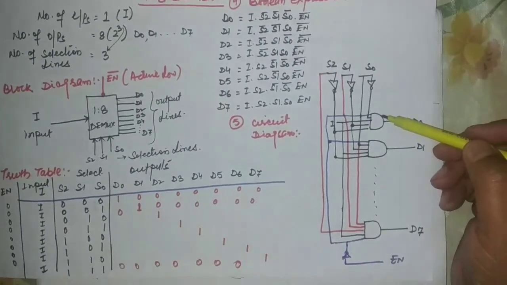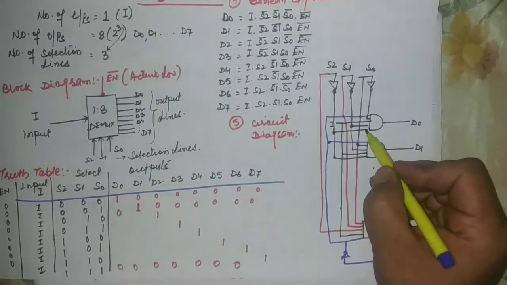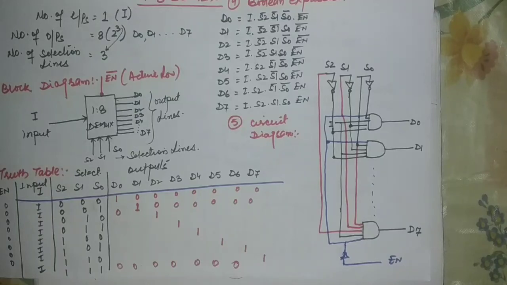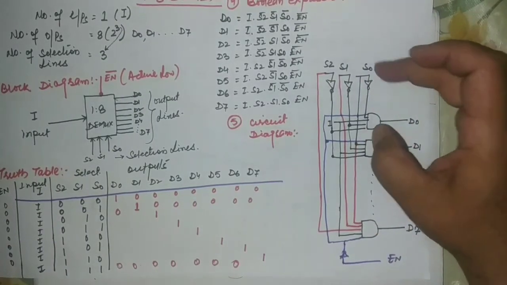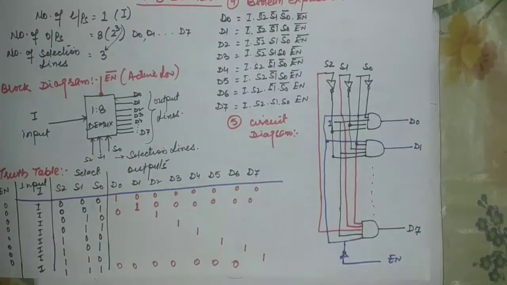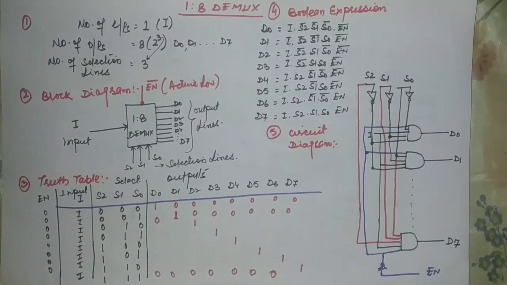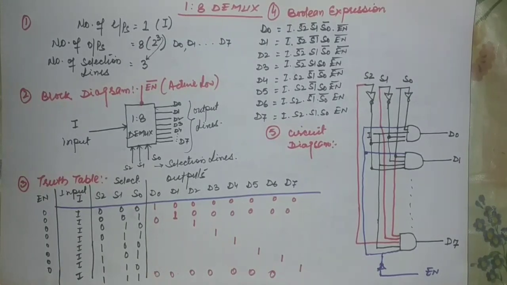You have to take these AND gates bigger, because you require 5 inputs, so that you can have a clear circuit diagram. But because in previous lectures I have shown you how to draw the circuit diagrams, in this case we are drawing it for only 3 AND gates, and the rest of the connections you can do yourself.